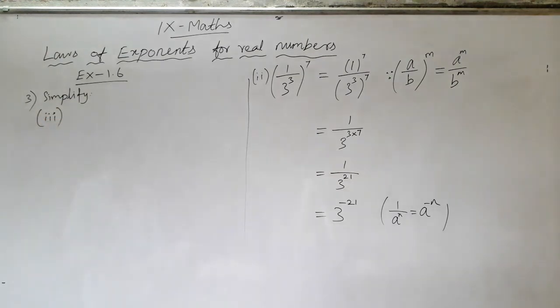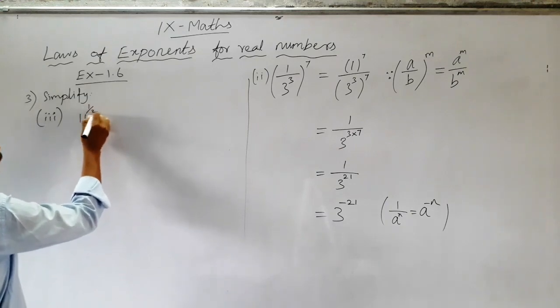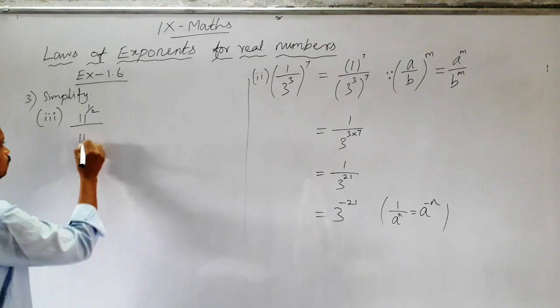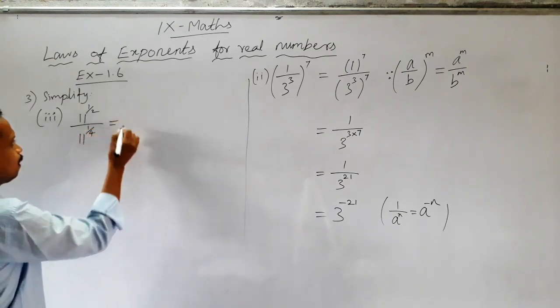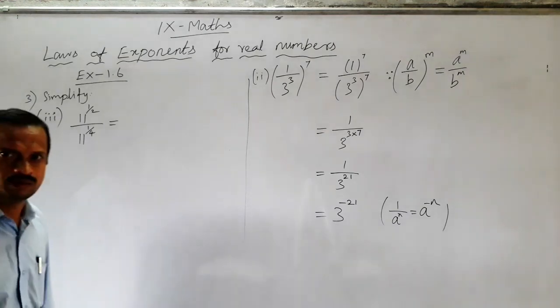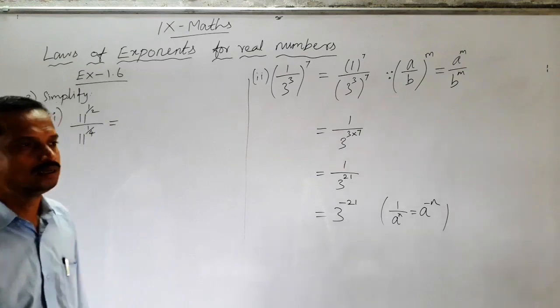You see 11 power 1 by 2 by 11 power 1 by 4. So in the numerator 11 power 1 by 2, in the denominator 11 power 1 by 4. You just see here, in both numerator and denominator, the bases are same. What is that? 11.